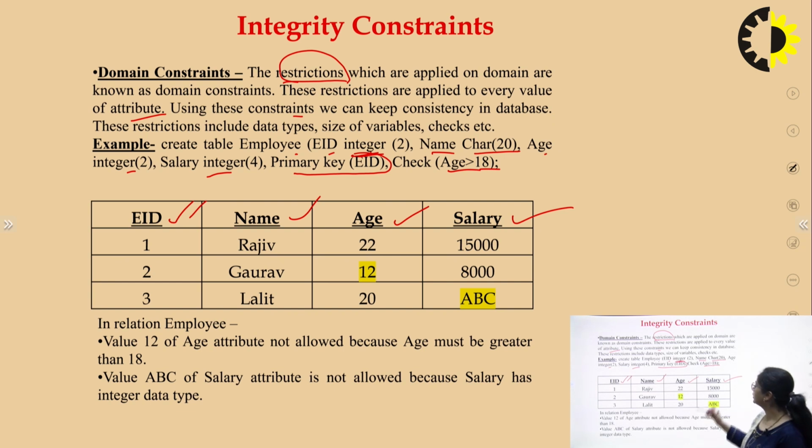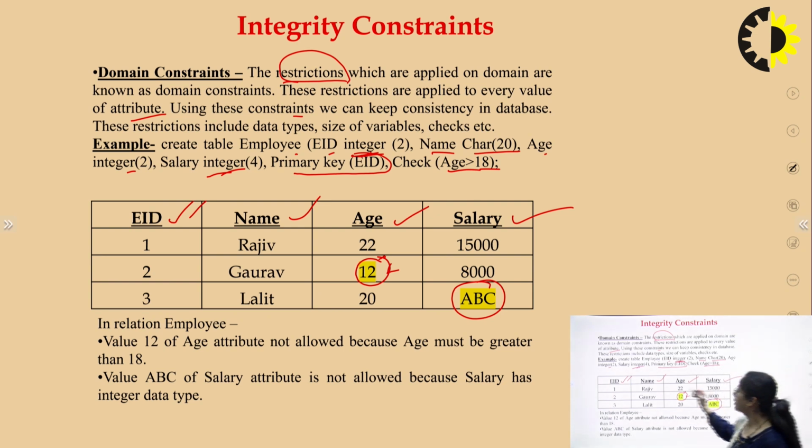After that, age should be greater than 18, but here 12 is less than 18, so this value is not allowable. Salary should be an integer value, but we are using characters here. So these values are not allowable.